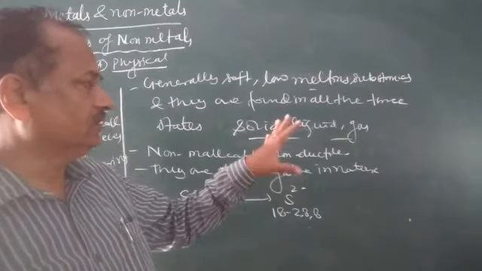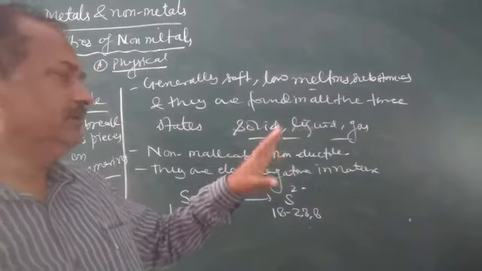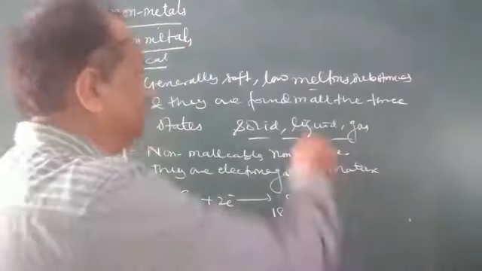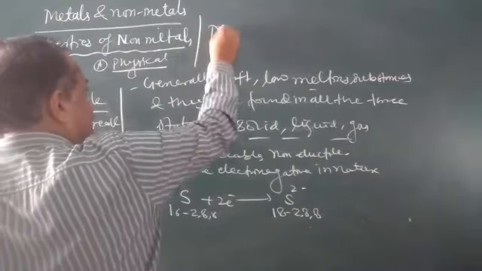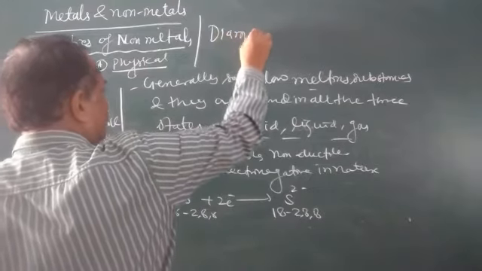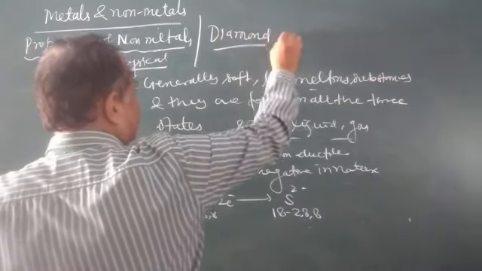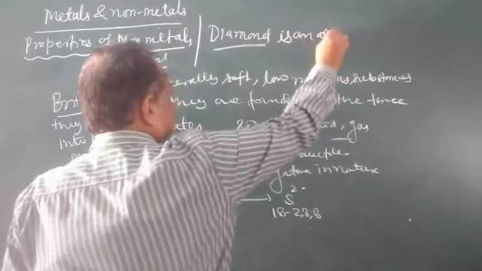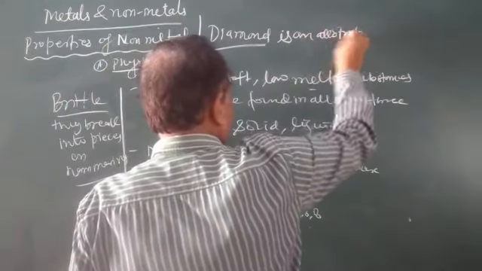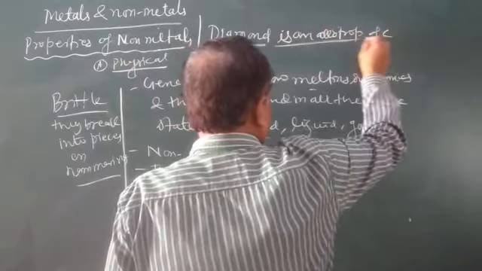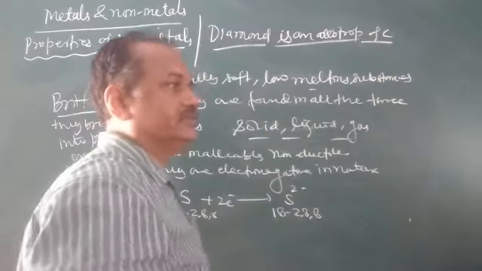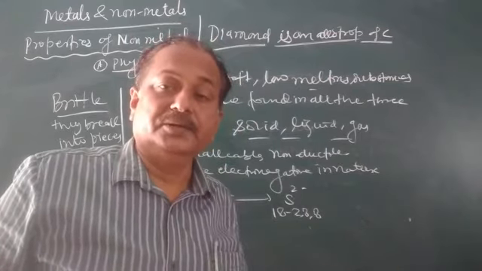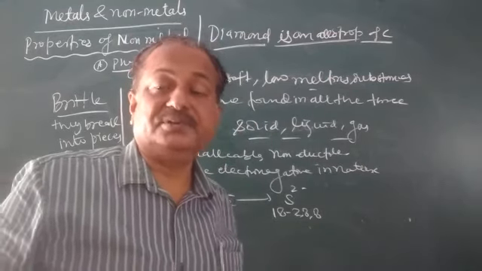So this is about the non-metals, but there are exceptions also, children. Like diamond. Diamond is an allotrope of carbon. Allotrope of carbon means different forms of an element having the same chemical properties, but different physical properties.